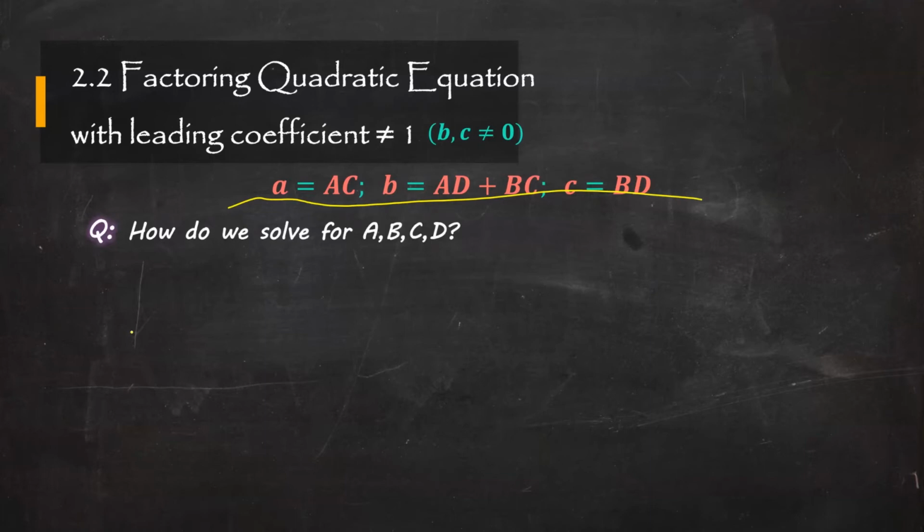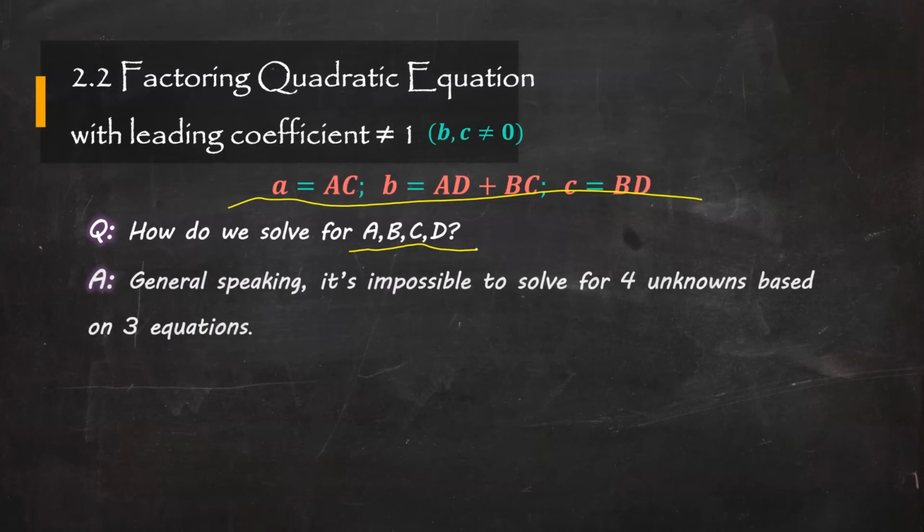We want to solve for the uppercase A, B, C, D. And how do we do it? Generally speaking, it's impossible to solve for 4 unknowns based on 3 equations, because the 3 equations cannot help us determine the exact or unique solution for all the 4 unknowns.